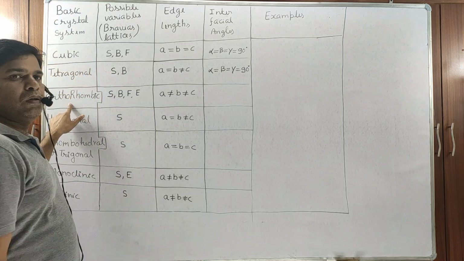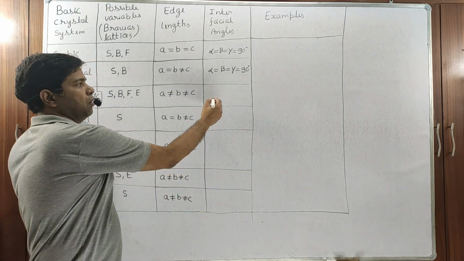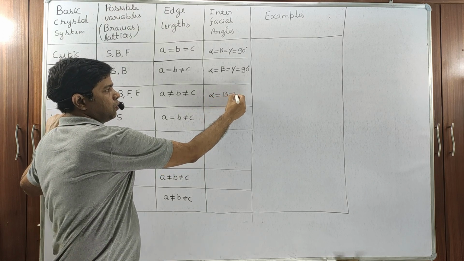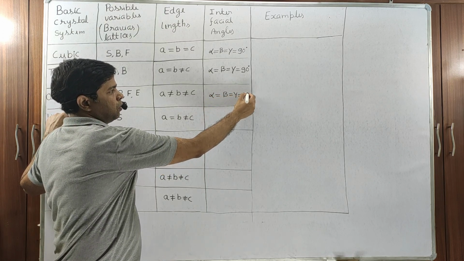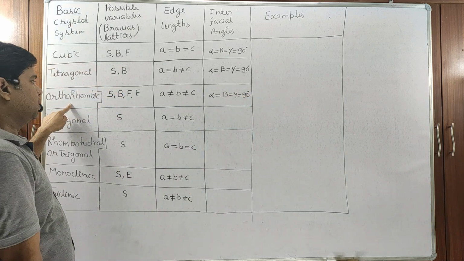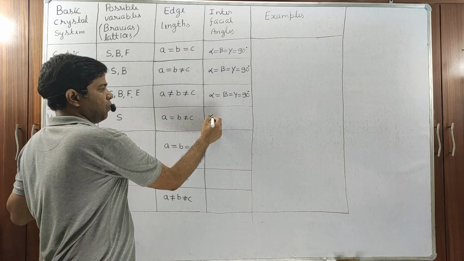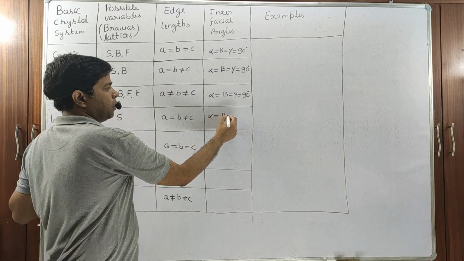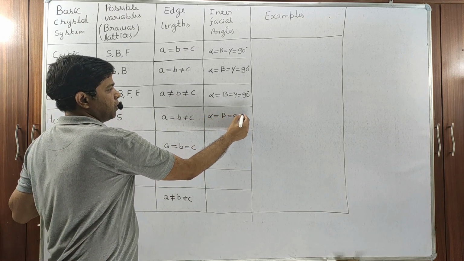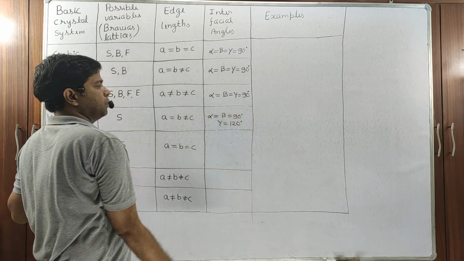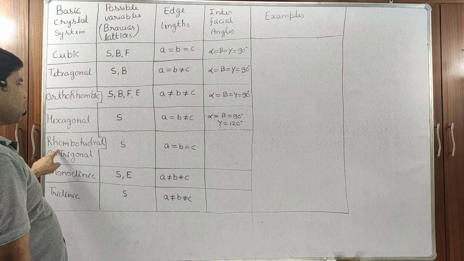In the next one, orthorhombic, again alpha is equal to beta is equal to gamma is equal to 90. Now in the hexagonal, alpha is equal to beta is equal to 90 and gamma is equal to 120. Now the next one, rhombohedral.